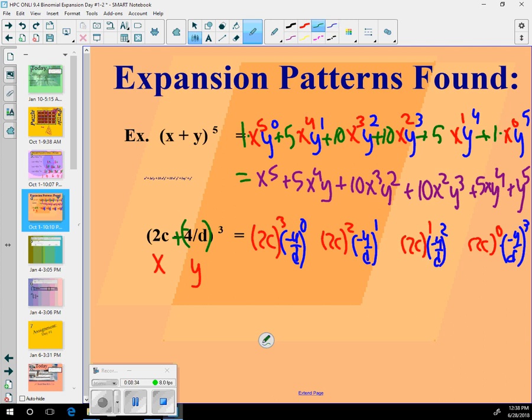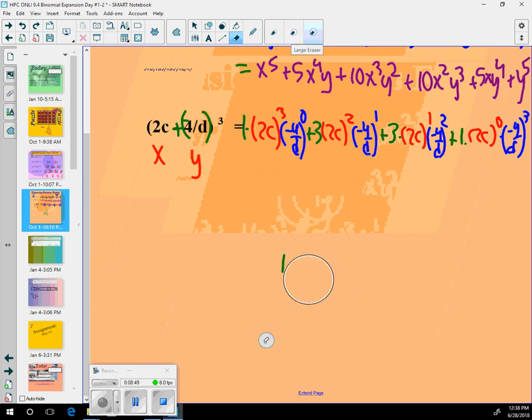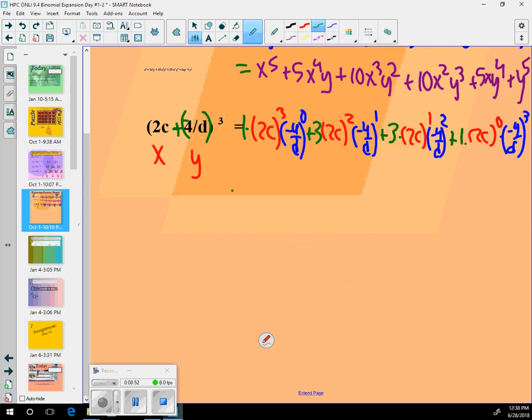Then Pascal's triangle, go to the third, which is easy. We know that one pretty well. 1, 3, 3, 1. And then the simplification step is the one that's going to take you a little while here. 2 cubed is 8c cubed. Anything to the 0 is 1. Negative 4 times 4 is 16 times 3 is negative 48 c squared over d.